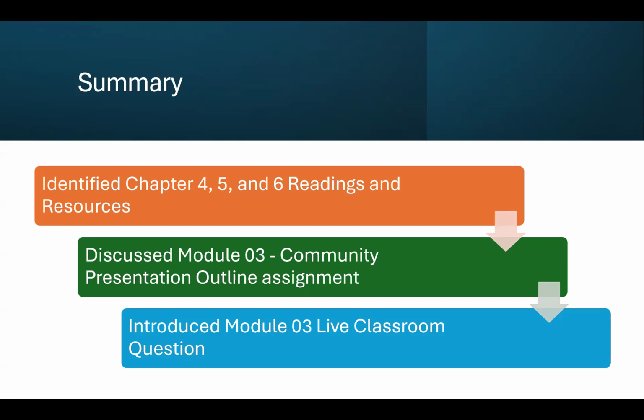Next, we discussed the Module 3 Community Presentation Outline Assignment. I've offered you some links to outside resources. We know we don't have to use those, and if you find something different, please share it. And finally, I introduced you to the Module 3 live classroom question. But at this point, I would ask you if you have any questions.